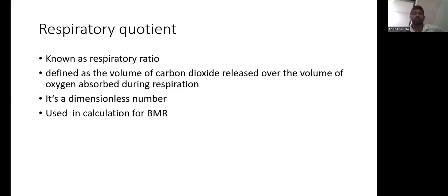So there is something called the respiratory quotient. That is a ratio between the amount of carbon dioxide released and the amount of oxygen utilized for a particular substrate metabolism.